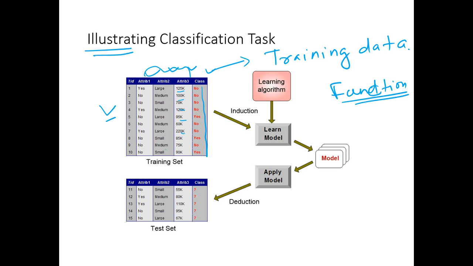So in training data, you will always have the class already defined, but in the new data or in the test data, you won't have the class. You need to find it using the function. So this training data will be used to find the function, and then the function will be used to find the value of the class variable for a completely new data.